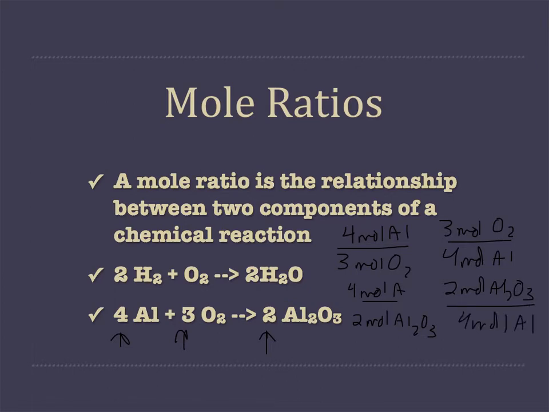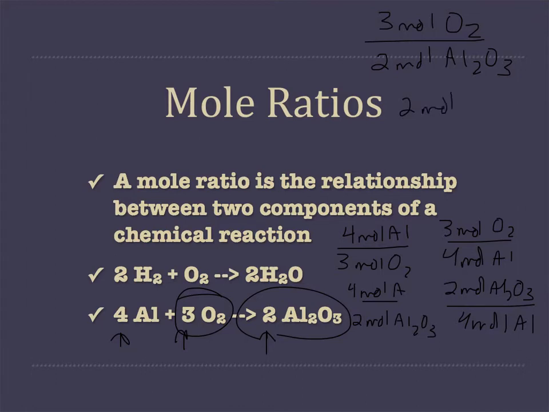And we're not going to worry about reducing. It's not worth it. You can just do it while you're punching things into the calculator. Let the calculator take care of it. And then there's a third one we could do with oxygen and aluminum oxide. You could say 3 moles of O2 is equivalent to 2 moles of Al2O3, and vice versa, 2 moles of Al2O3 to 3 moles of O2.